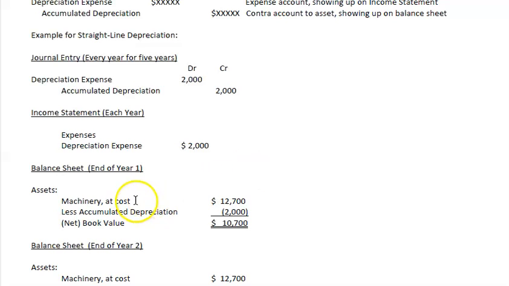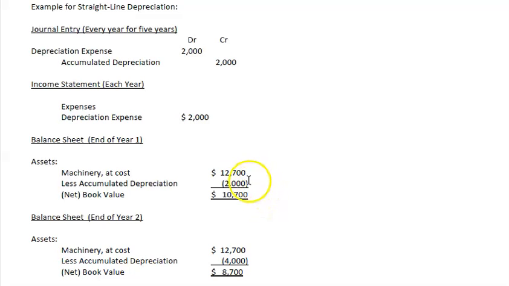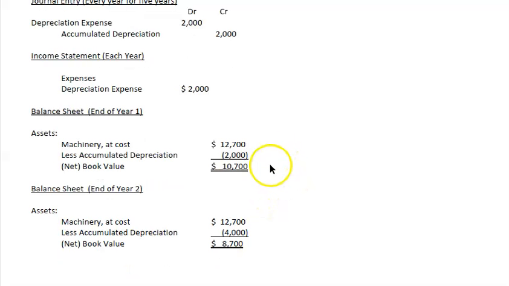So at the end of the first year, we've got the machinery at cost of $12,700 minus that first year of accumulated depreciation of $2,000. You subtract it out, and we've got a net book value of $10,700.